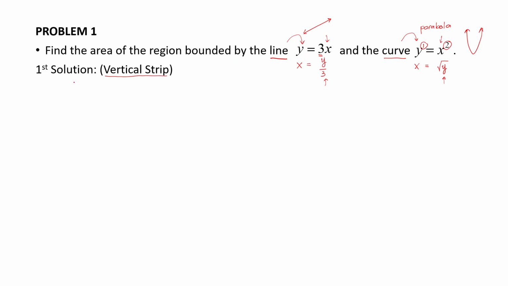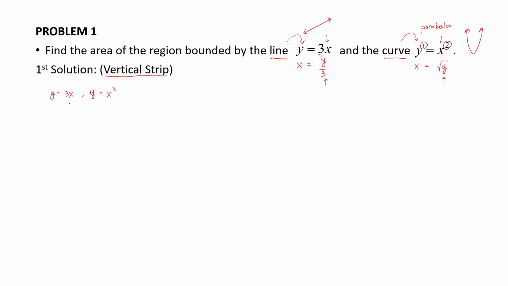Before we graph our equations, we first have to determine the points of intersection. To do that, we equate the two equations given. So y is equal to 3x, and y equals x squared.